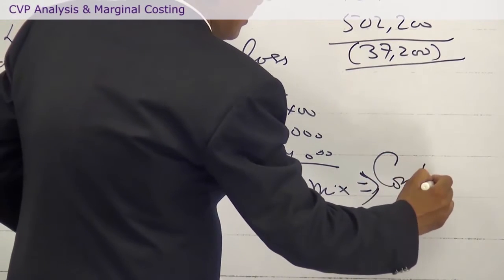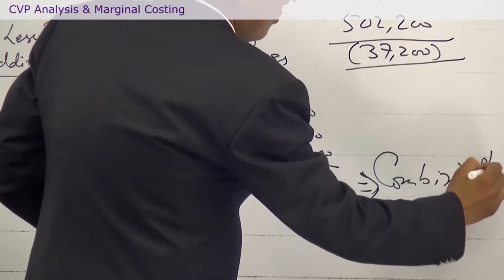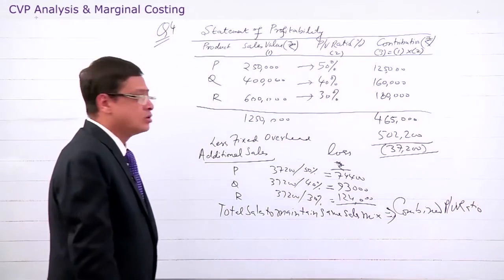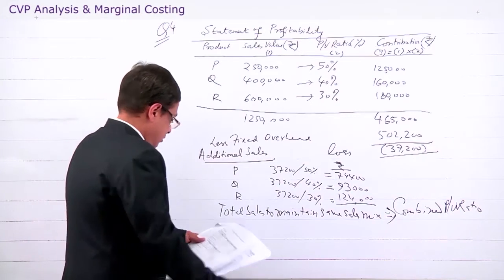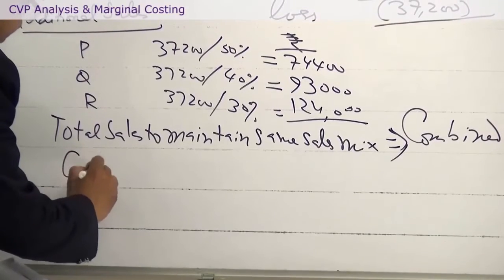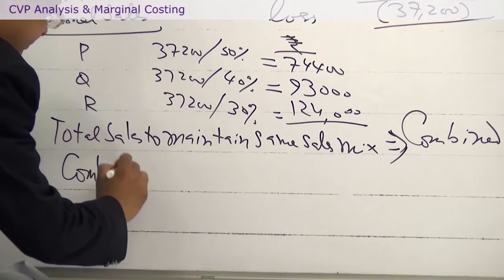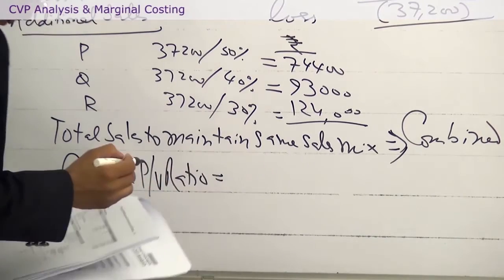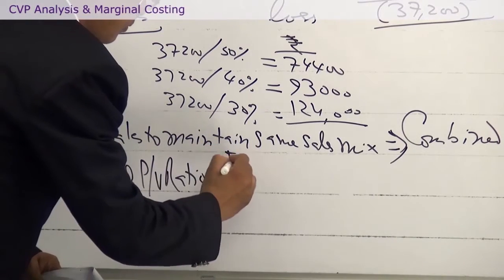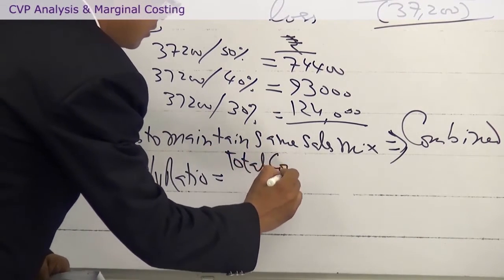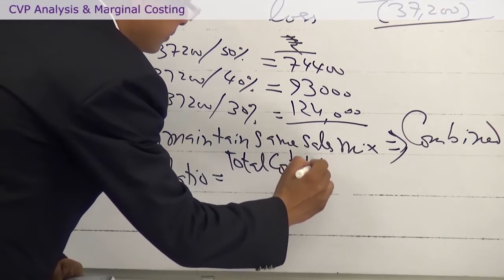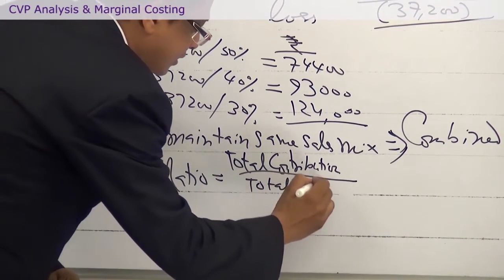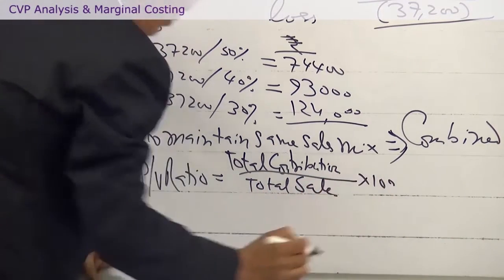you have to find combined PV ratio. So, what is combined PV ratio in this particular question? So, combined PV ratio is total contribution by total sales into 100.